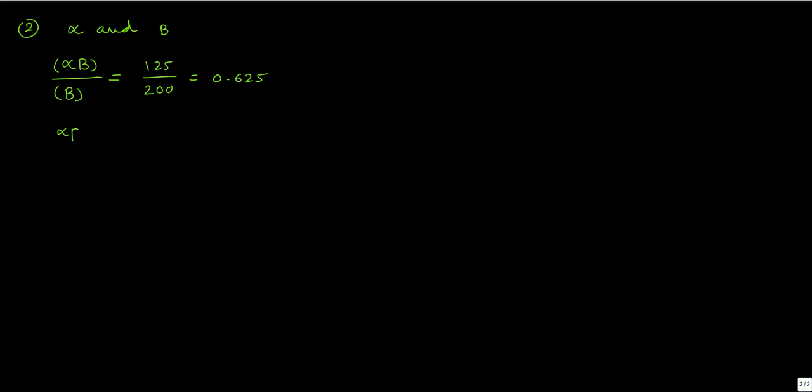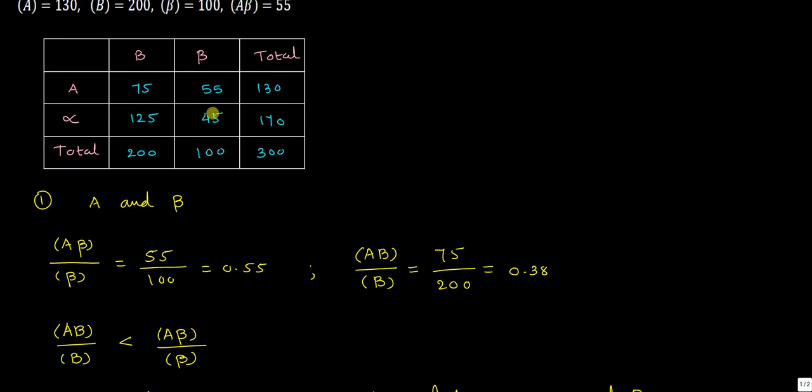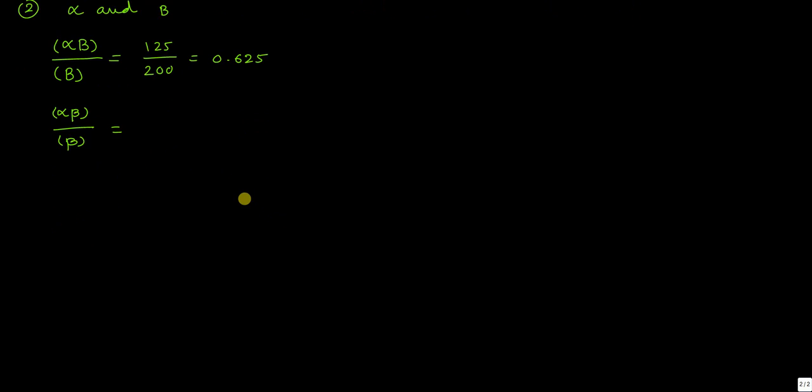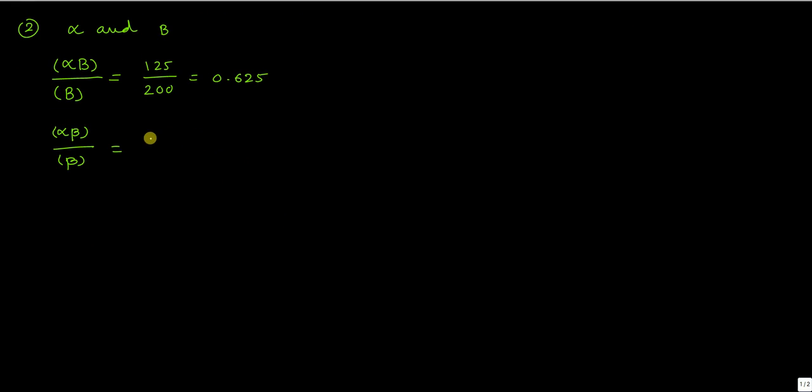Then alpha beta upon beta: alpha beta is given by 45 upon 100. 45 divided by 100 equals 0.45, and it is less than 0.625.